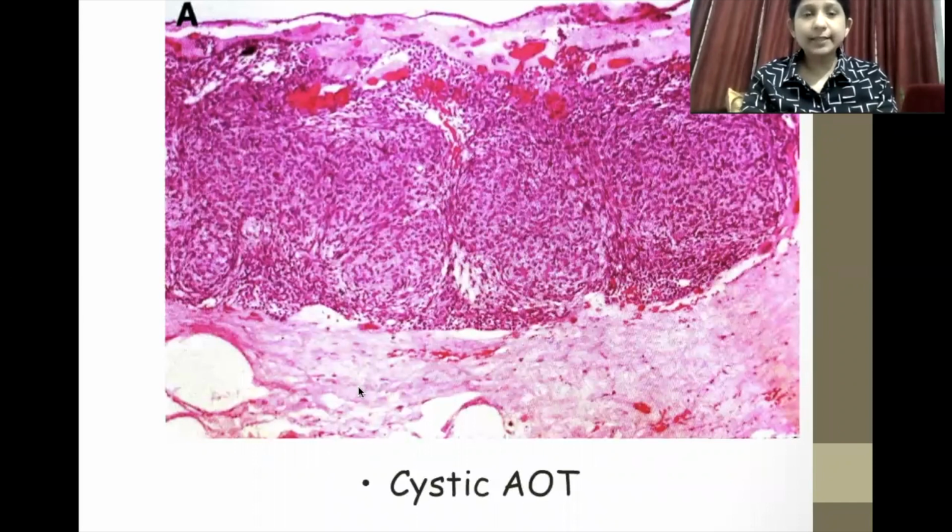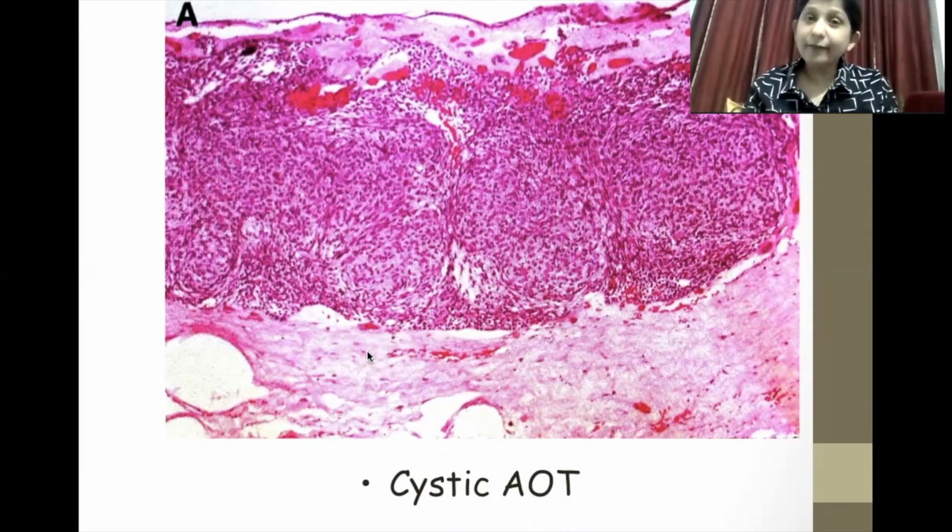So this is the example of a cystic AOT. That is, like I said, you can have a dentigerous appearance on the radiograph, and sometimes when you take the biopsy, take the tissue out for histopathological examination, you might find a cystic lumen lined by epithelium.